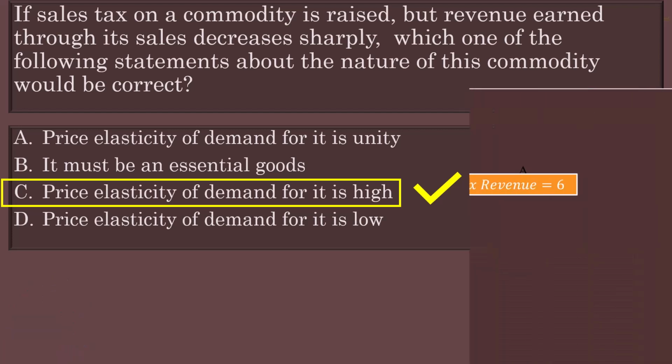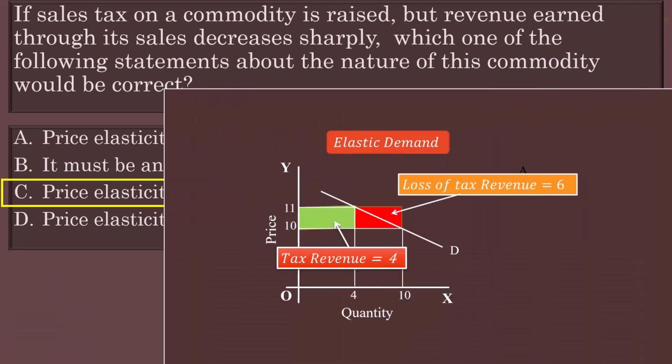Why? This graph illustrates the loss of tax revenue to the government when it imposes tax on an elastic demand good. Look at the graph. At 10 rupee price, the seller sells 10 units. This is what is happening in the beginning.